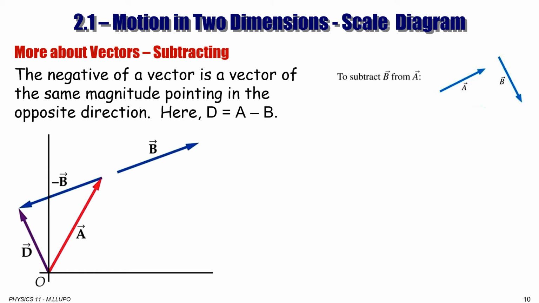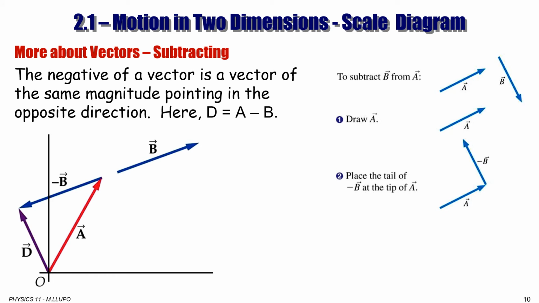The only trick here is you can write vector d equals vector a plus minus vector b. So in order to subtract b from a, you add minus b to a. You can draw a, and then draw minus b.